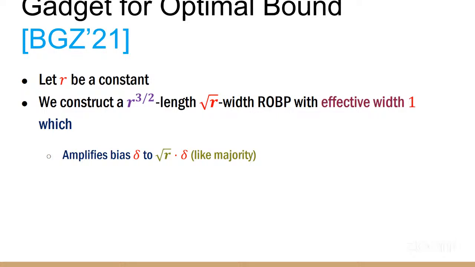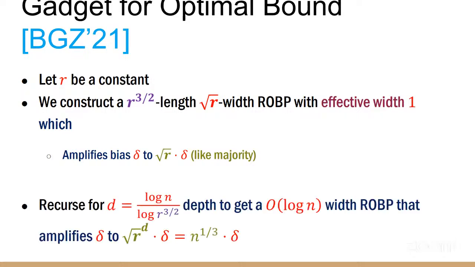But allowing a few more coin tosses, up to R to the 3/2, we get the same amplification as majority, with the additional property that this read-once branching program has effective width 1. When I recurse, this is a bit cumbersome, but the only thing we care about is that length R to the 3/2 gives us R to the half amplification. So when we recurse, you get n to the 1/3 amplification.